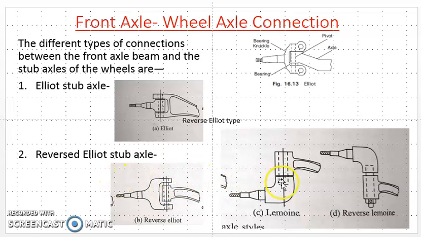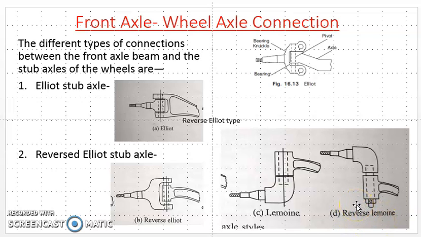Okay, and in the second case, when the stub axle is in a lower position than the front axle, it is called the Lemoine stub axle. And if the arrangement is different, the stub axle position is above the axle, then it is called the reverse Lemoine.